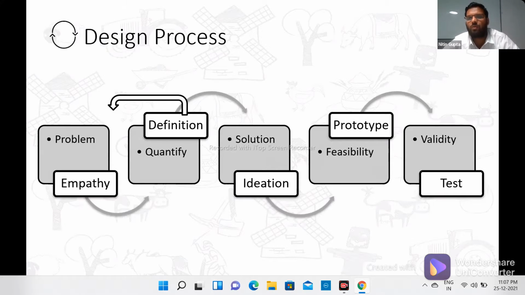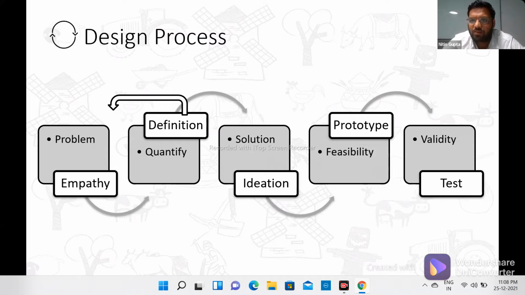Now what we have talked a lot about so far is design thinking, the whole philosophy, what we look at when we start looking at a problem. But how do we solve this problem? Solving any problem using a design thinking process requires following a 5-step design process, which we have here.